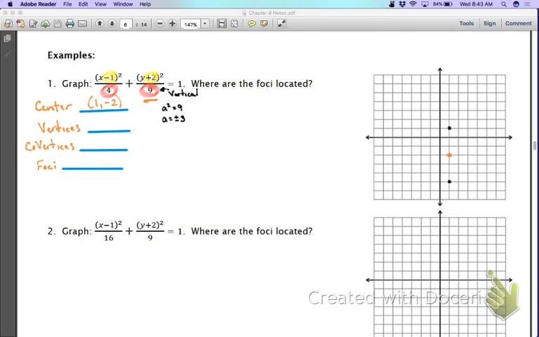The reason why I graph this as I go is because it's going to make it a lot easier to follow the steps. So now, where are my two black points? I have my orange point with the center. Where are my vertices, or my black points, on the long side? One is at 1, 1, and the other one is at 1, -5.